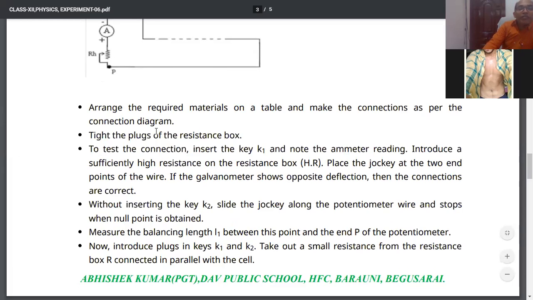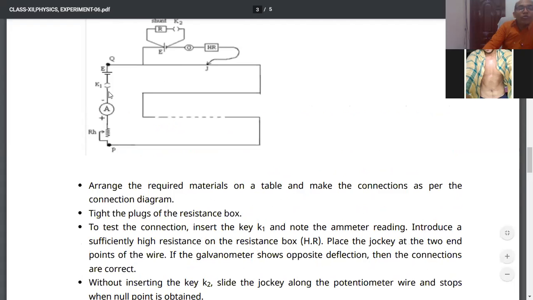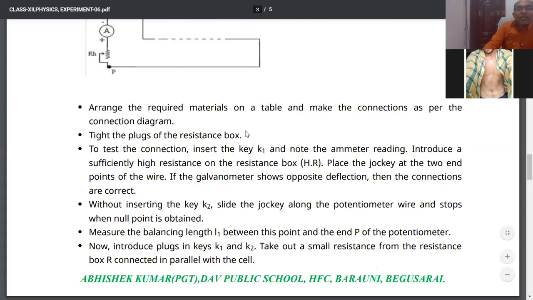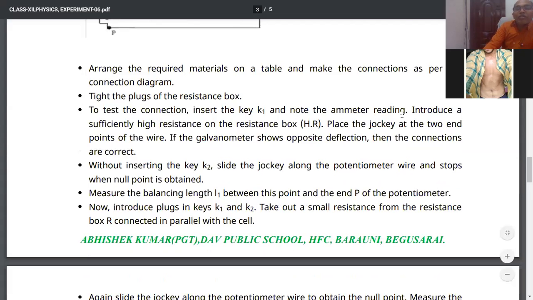This is the circuit diagram. Make sure that the plugs of the resistance box are tight, and to test the connection, insert key 1. First of all, to test whether the connection is right or wrong, insert key 1 and note the ammeter reading. If the ammeter gives a reading, then you must understand that the connection is right.